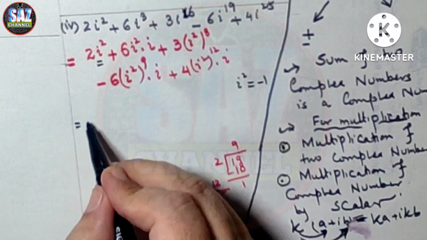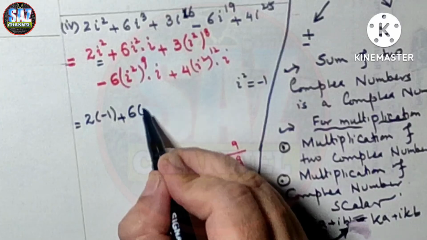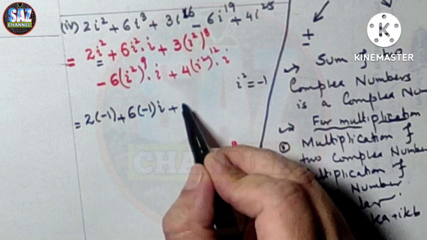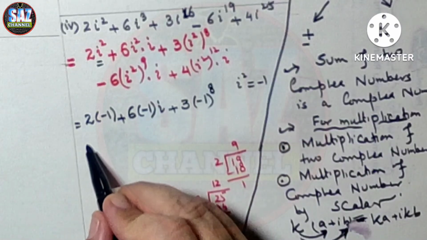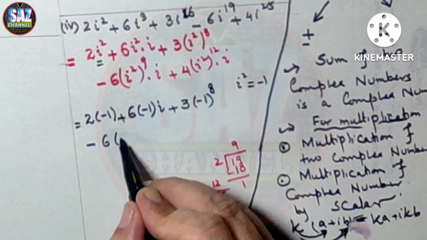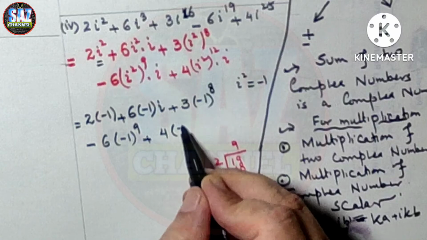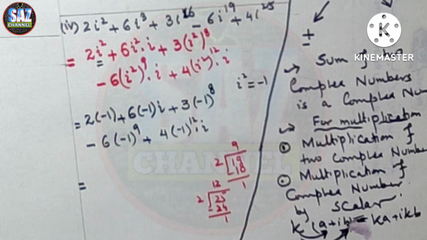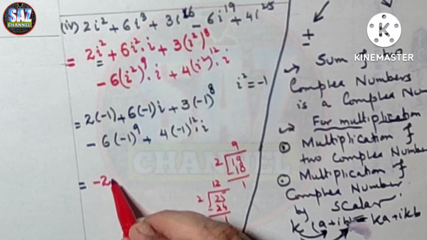So, 2 into minus 1 plus 6 into minus 1 into iota, and plus 3 into minus 1 raised to power of 8, minus 6 iota square has a value minus 1 raised to power of 9, plus 4 minus 1 raised to power of 12 multiplied by iota. Now, we can see that 2 multiplied by minus 1 will give me minus 2. This will be minus 6 iota.